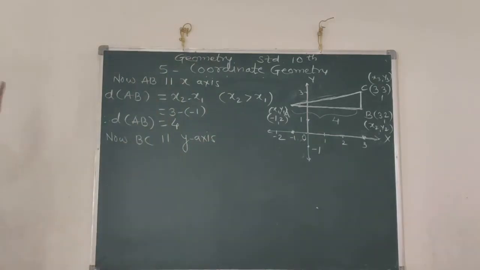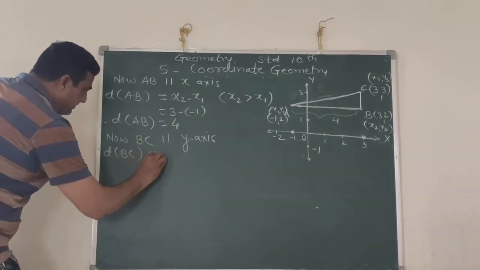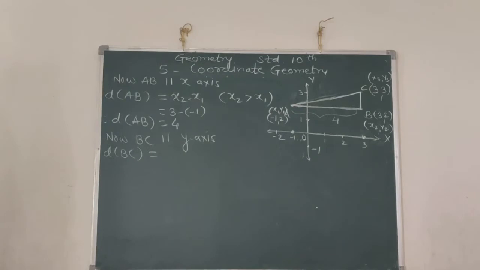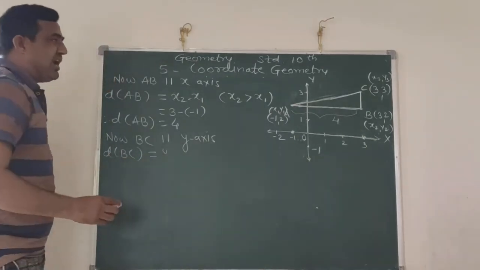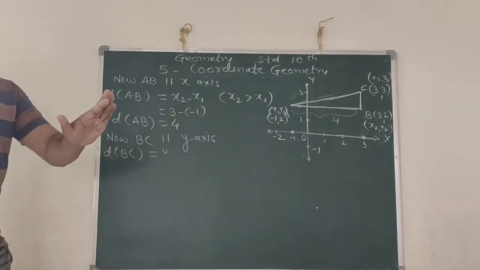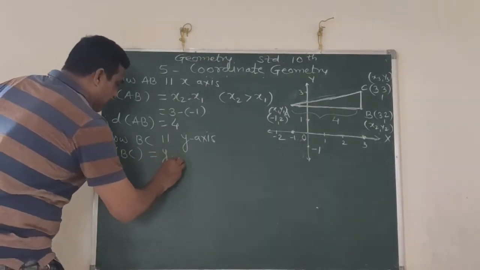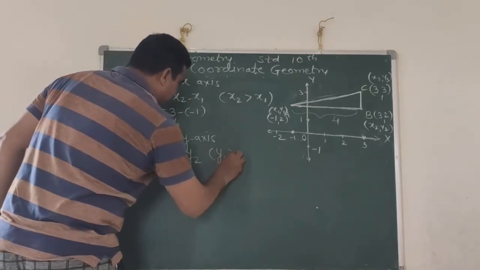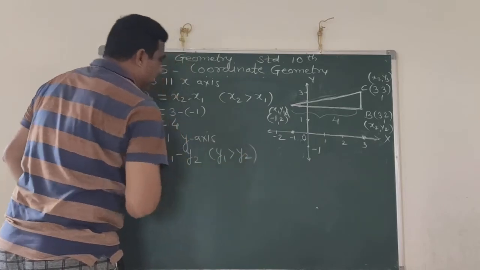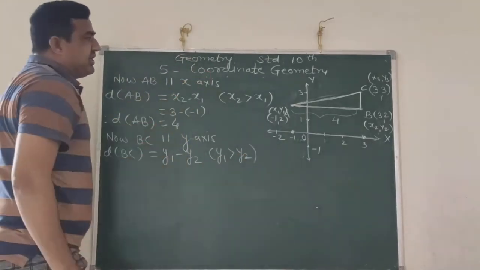So if it is parallel to the y-axis, then the distance between the points is equal to y2 minus y1, where y2 is greater than y1. And if y1 is greater, in that case, y1 minus y2, provided y1 is greater than y2.